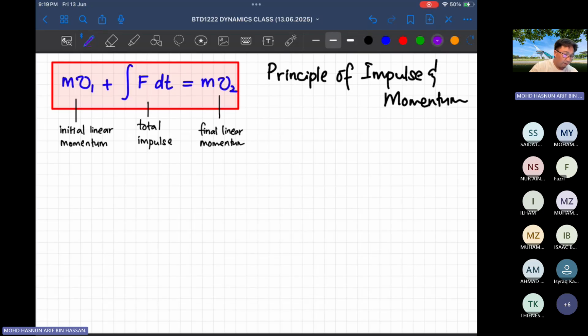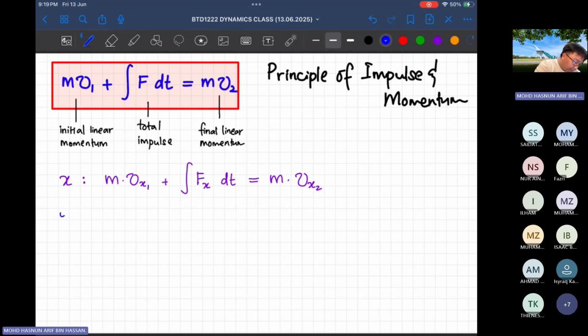The first one is the linear momentum, where we can get the equation for both the x and y axes. For the x-axis, you have m times vx1 plus the integration of the total Fx dt, the total force in the x-axis, equal to m times vx2. This is the principle of linear impulse and momentum in the x-axis.